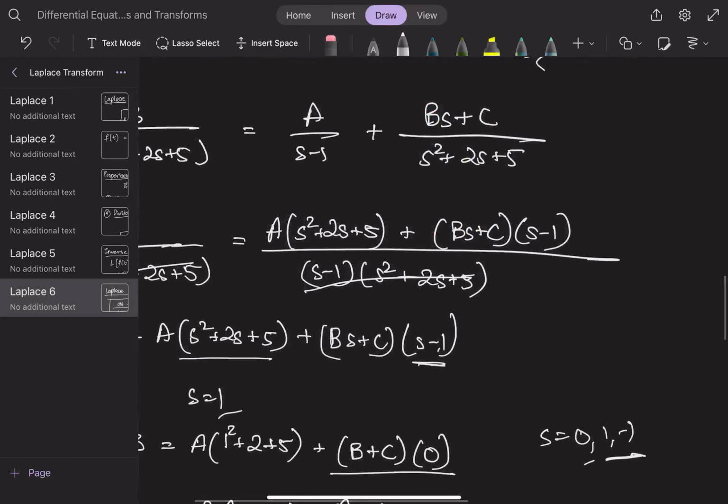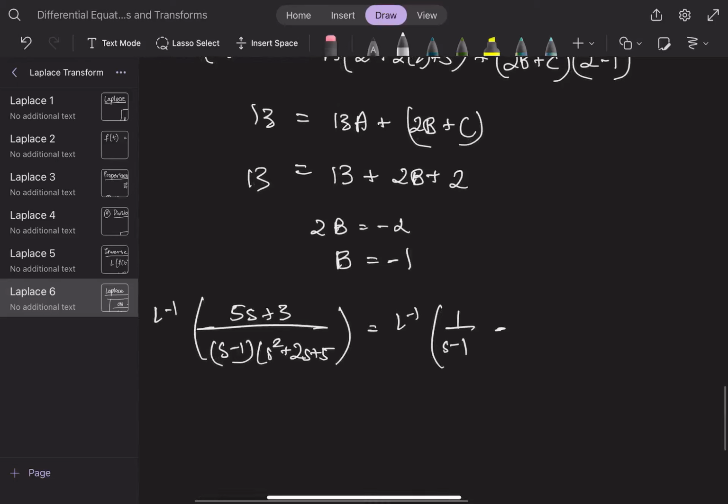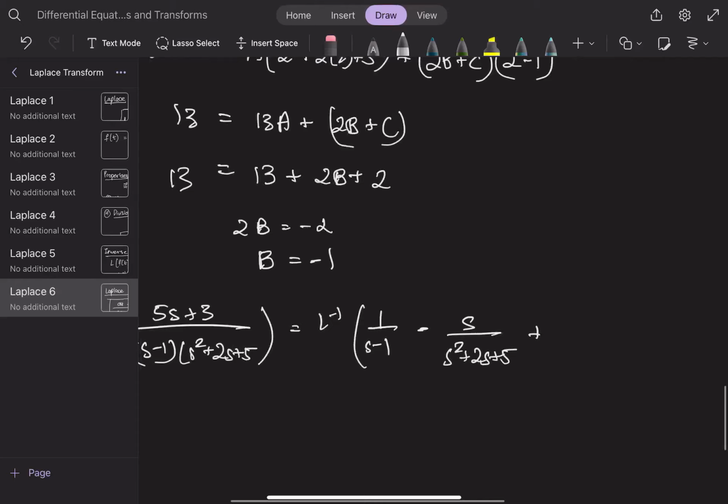So the value of b is minus 1, minus s upon (s square plus 2s plus 5), and the value of c is 2, plus 2 upon (s square plus 2s plus 5).